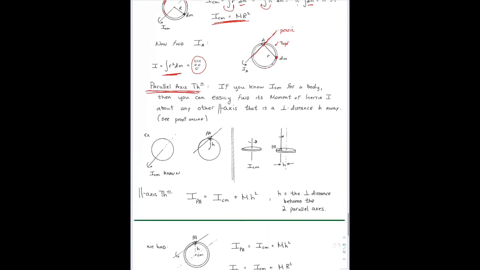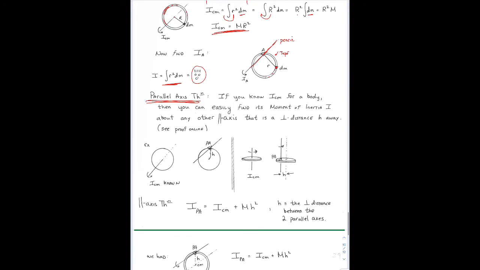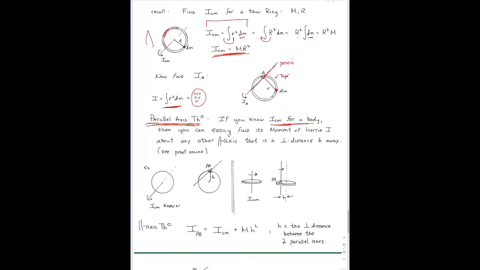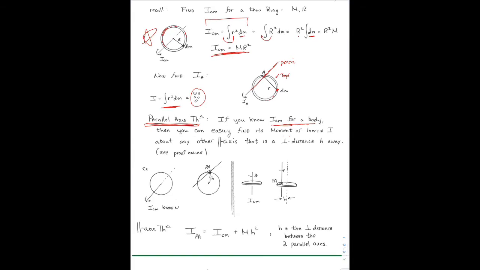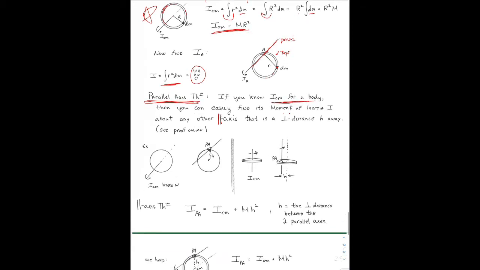But what the parallel axis theorem says is, if you know the moment of inertia about the center of mass for a body, kind of like this one up here, then you can easily find the moment of inertia about any other parallel axis that's a perpendicular distance h away. All that means is, let's say I have a disk, and I know the moment of inertia about an axis passing through the center of mass.